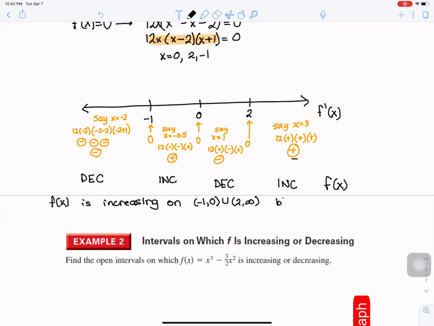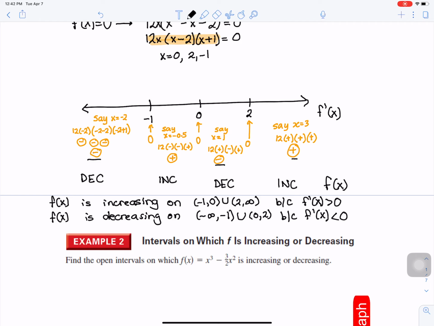The reason it's increasing is because the derivative was positive in those intervals. f of x is decreasing on the intervals where the derivative is negative, so -infinity to -1 union 0 to 2, because f prime of x is less than 0.